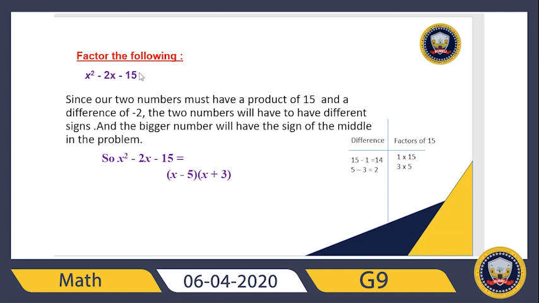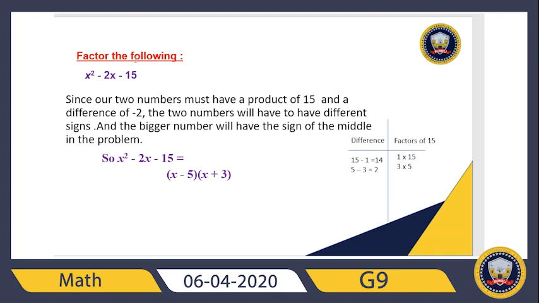Starting from 1 times 15. 2 times what equals 15? None. 3 times what equals 15? 3 times 5 equals 15. Do I have any other factors? No, I don't think so. So the only factors I have are 1 times 15 and 3 times 5.